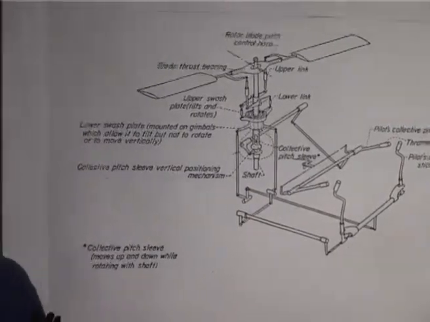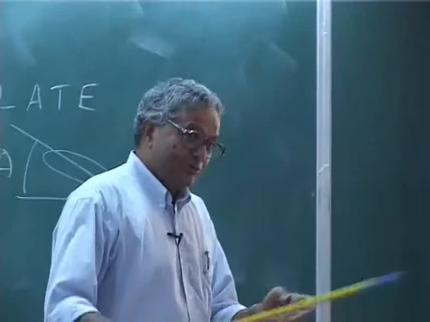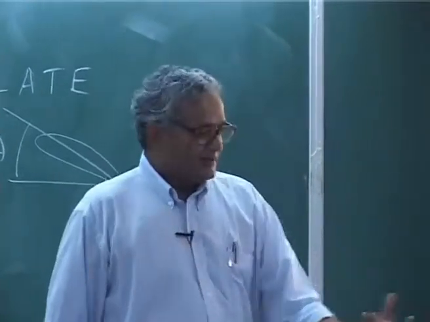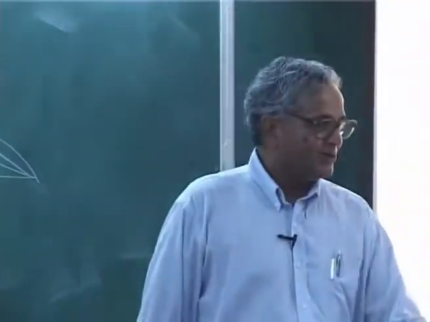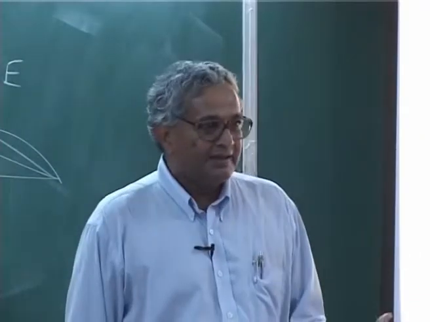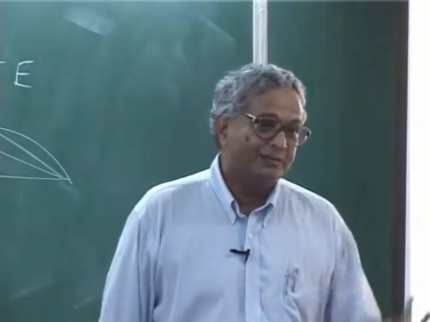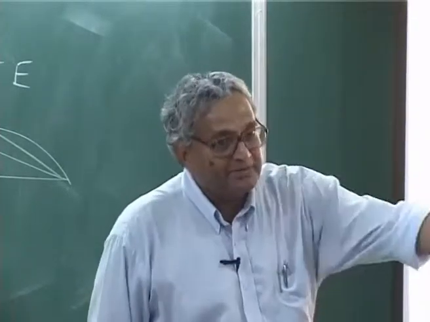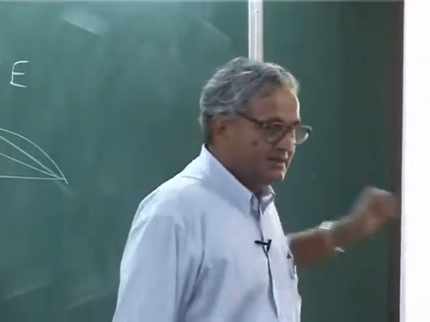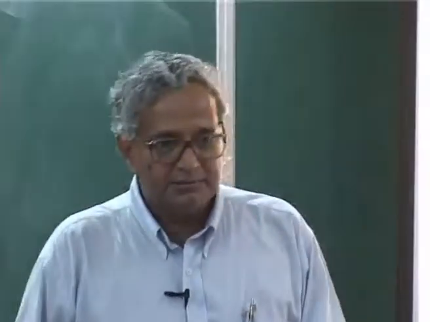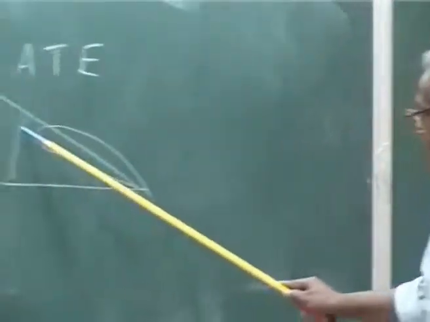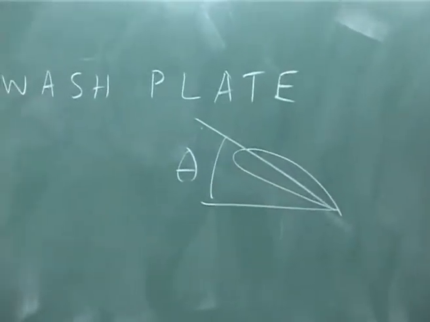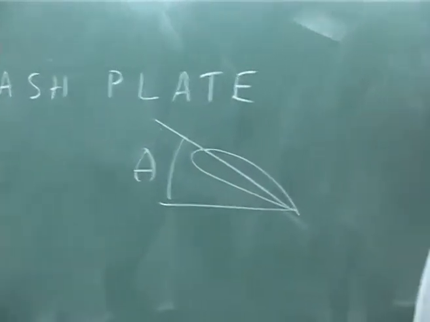Now if you want to make a small autonomous micro air vehicle, there you may vary the RPM. The control may be through RPM control, but here RPM is fixed. What you have control over is only the pitch angle, the pitch input.